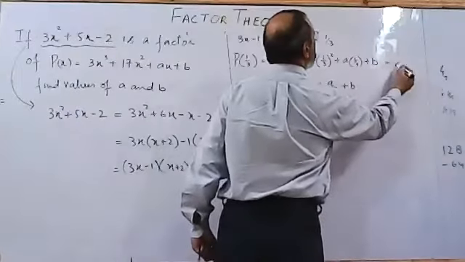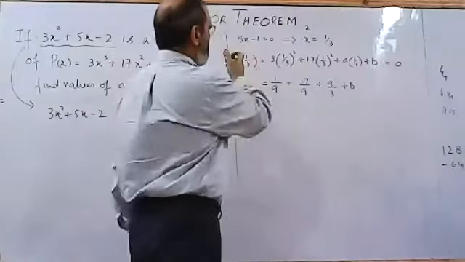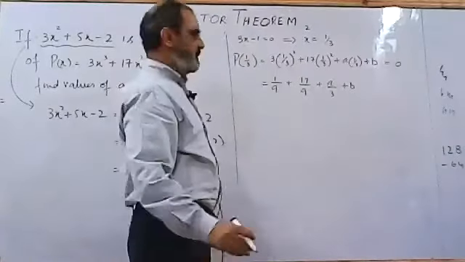And it is equal to 0 because 3x minus 1 is a factor of the given polynomial.